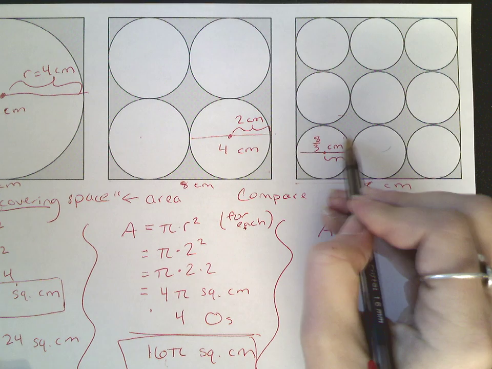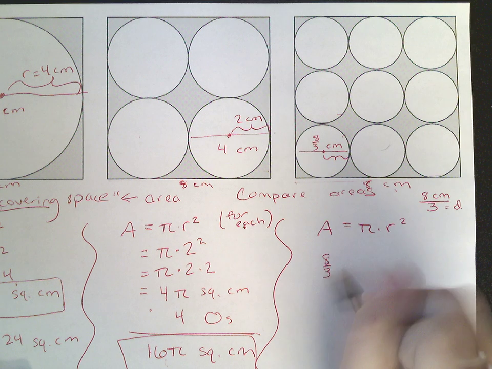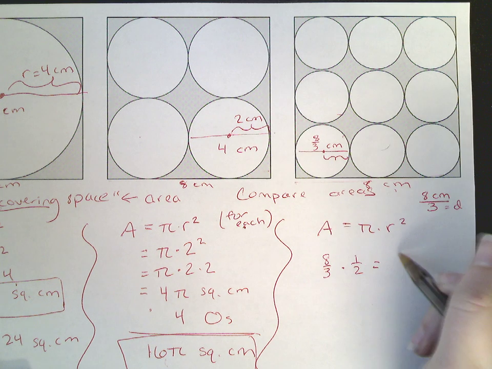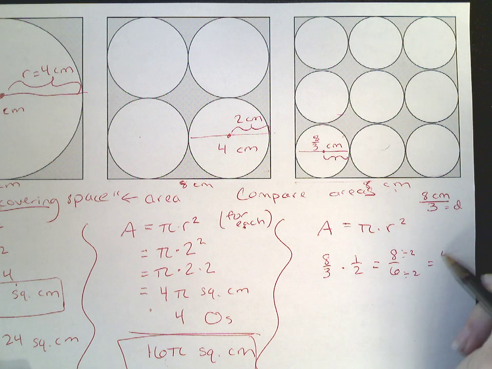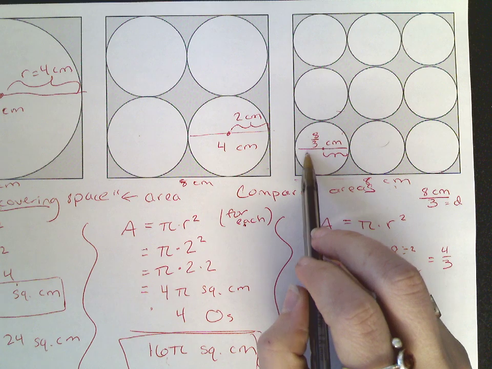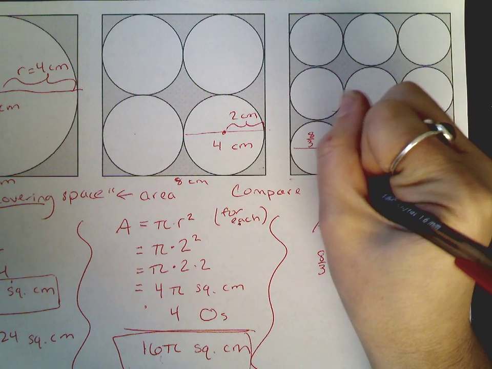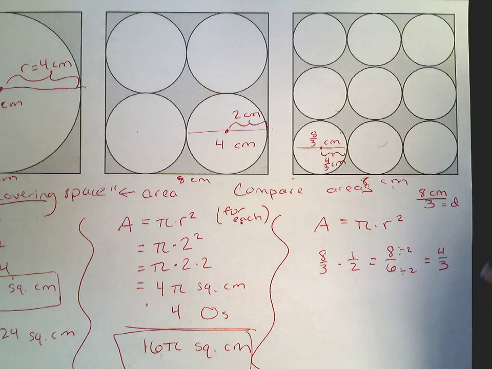So we don't need all 8 of them. We only need half of that. So you could do 8/3 times 1/2, which would give you 8/6. That's the same as 4/3. And that's the same as just taking 8/3, cutting that, you now have 4/3 and 4/3 on either side. So we have a radius of 4/3 centimeters.